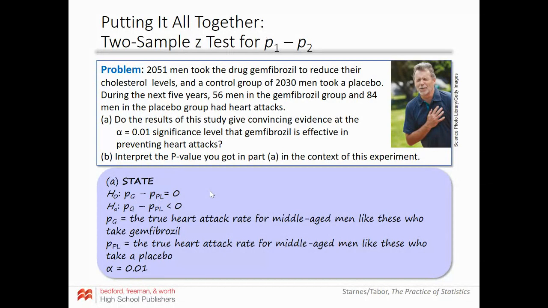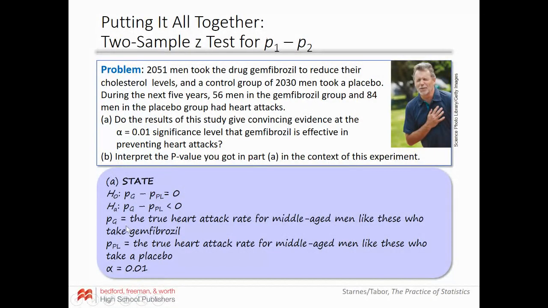So, state, first of all, your hypotheses. The null is that they're going to be equal. You could either write it as PG minus PL is equal to 0, or PG is equal to PL. Either one. The alternative is that we're hoping this does reduce, so we're hoping that PG is less than PPL. So we're really looking for a negative number, hopefully.